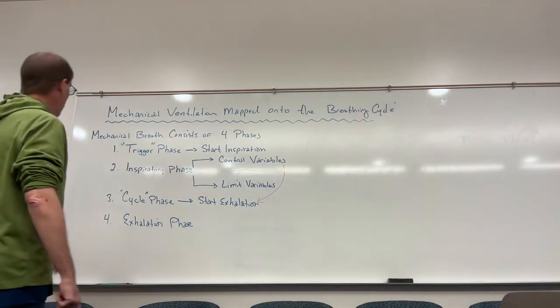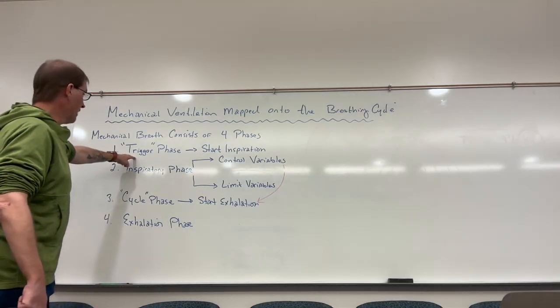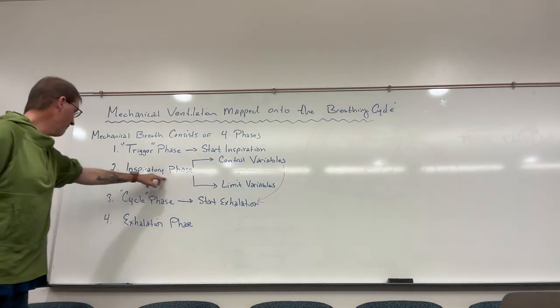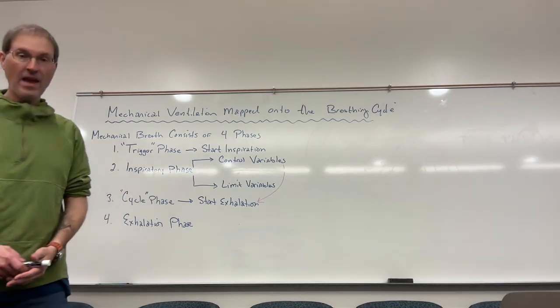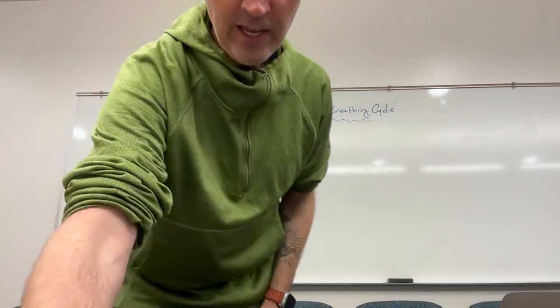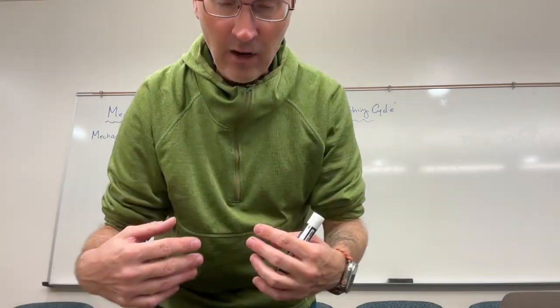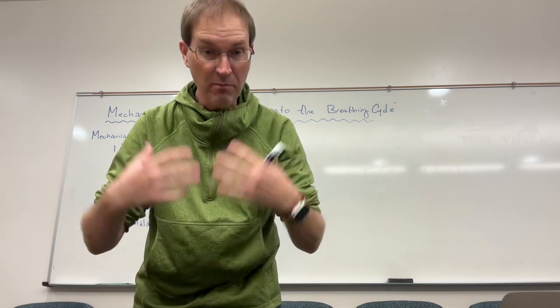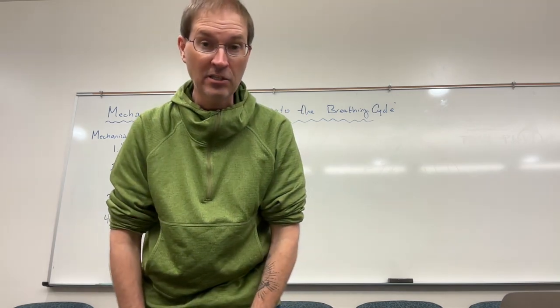All right, and then once the ventilator is triggered, you will move into what's called the inspiratory phase. The inspiratory phase is the phase of ventilation where the mechanical ventilator is delivering positive pressure into the patient's pulmonary system.